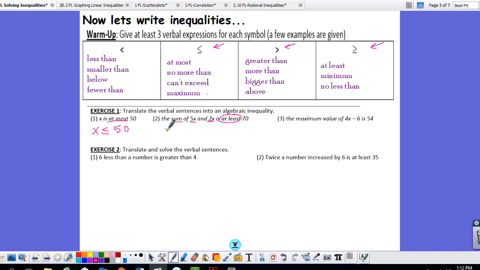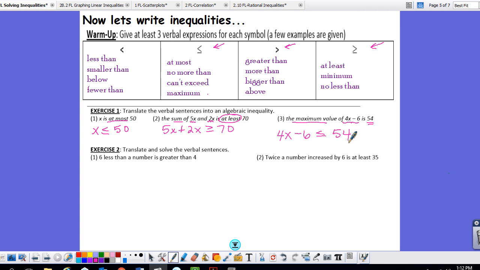So at least is a greater than or equal to. So we're going to say 5x plus 2x is greater than or equal to 70. Last one says the maximum value of 4x minus 6 is 54. So 4x minus 6, maximum means we should use the less than or equal to, and then 54.